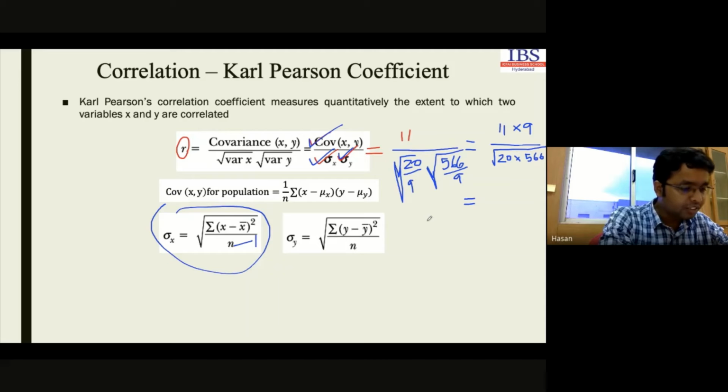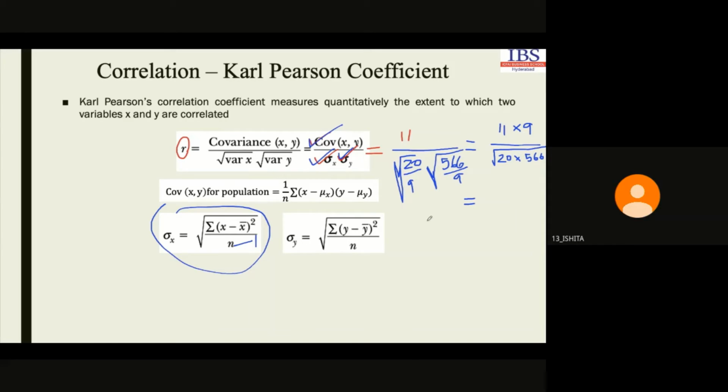Are you solving this one? Sir, the square root of 11,320 is coming in decimals.